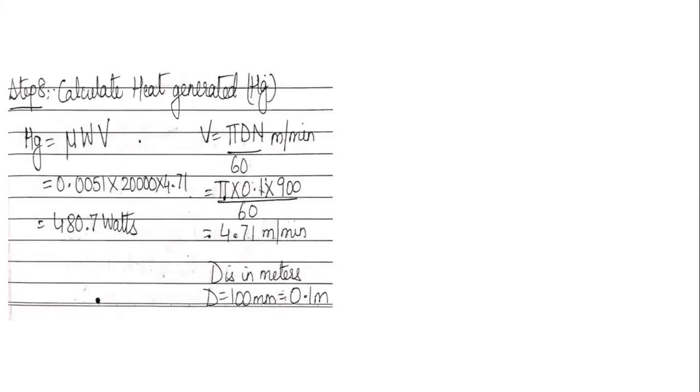Now moving to step 8, let us calculate heat generated. Mu WV formula is available on page 7.34. Mu अभी हमने मैकीज इक्वेशन से फाइंड आउट किया 0.0051. W load is given in Newton, 20,000 Newton, and V we will have to calculate, pi dn by 60. The diameter we have is 100 mm.